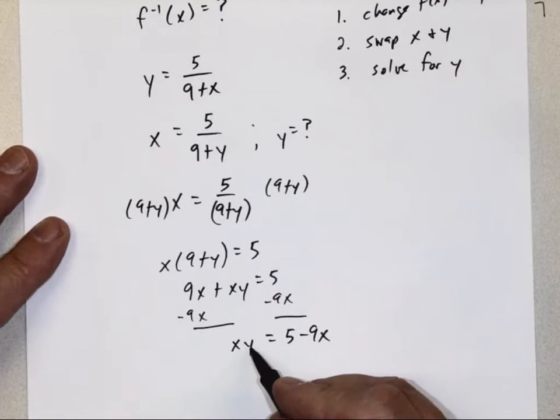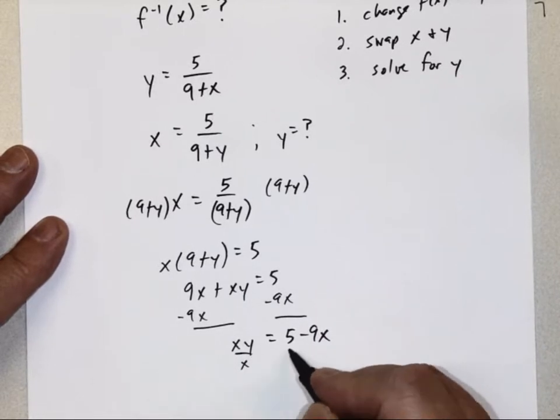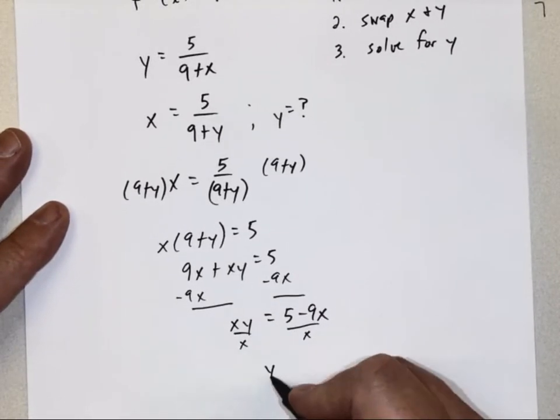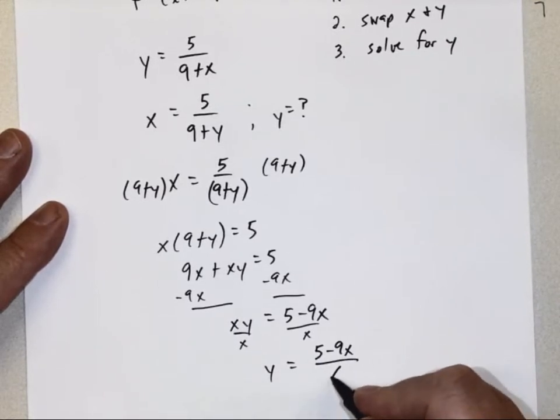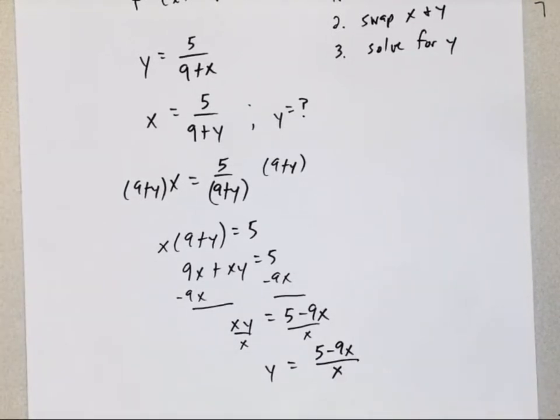And now if I want to get y by itself, divide both sides by x. And now I've solved for y. I can just leave it like this.